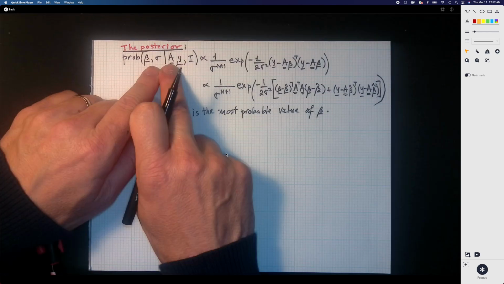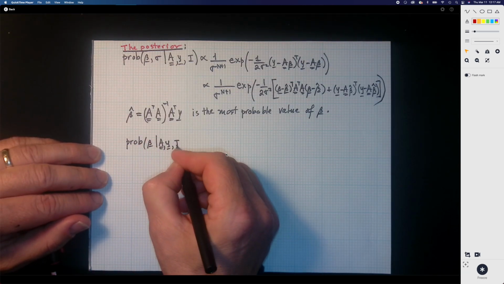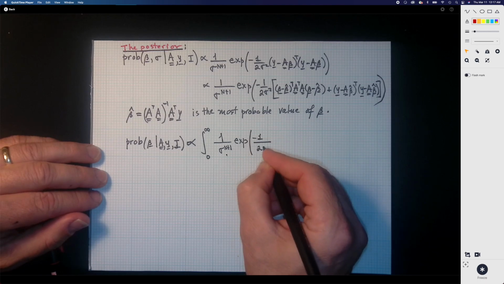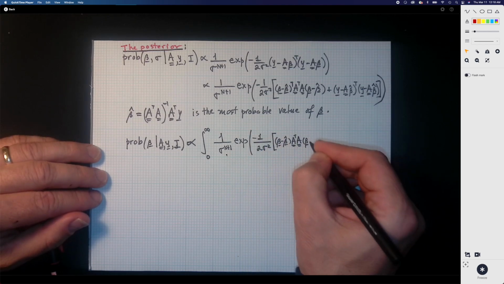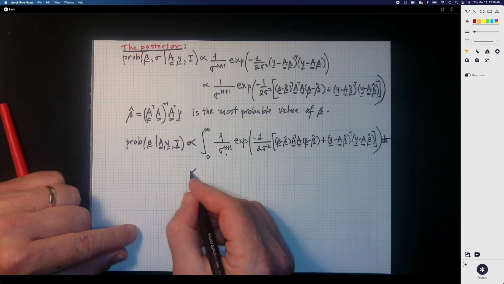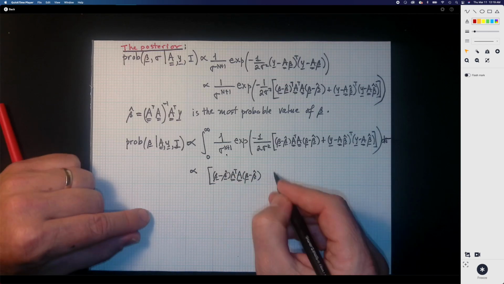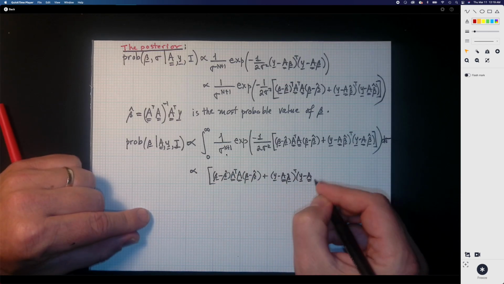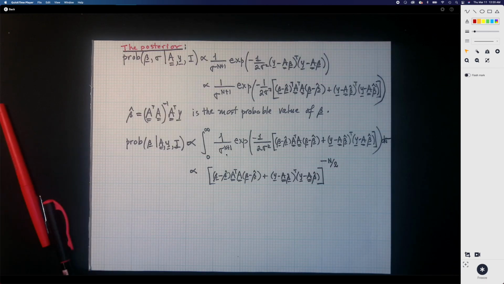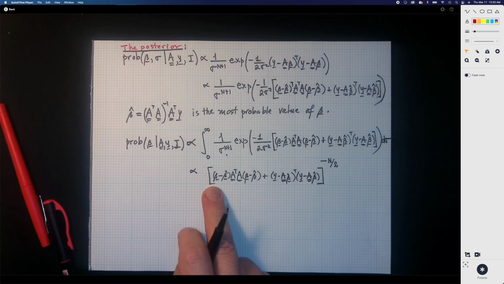I should try to marginalize out sigma to find the posterior probability for beta alone. And this is a multivariate Student t distribution for the two components of beta.